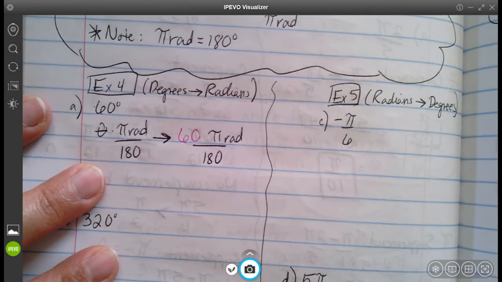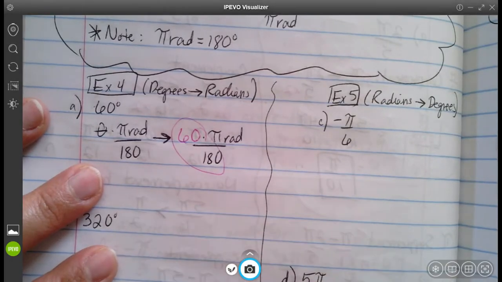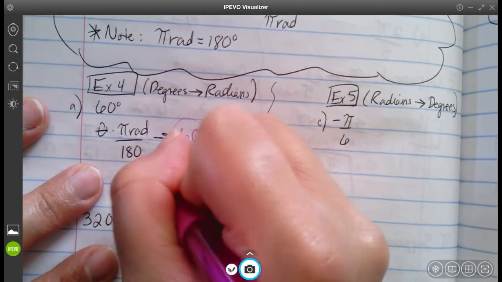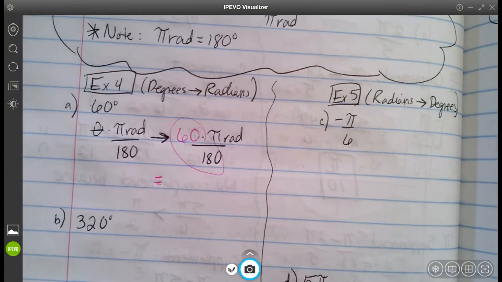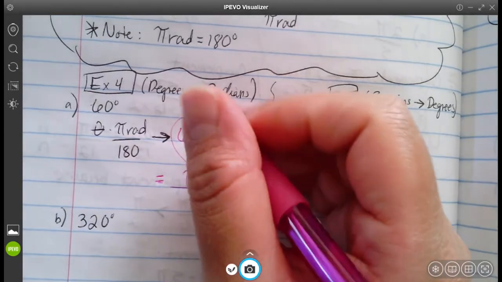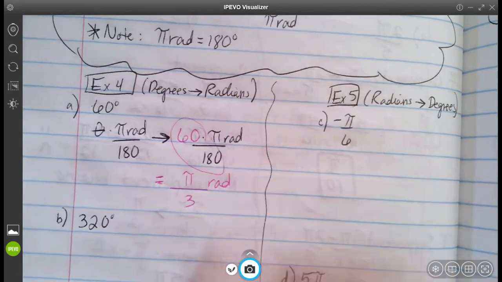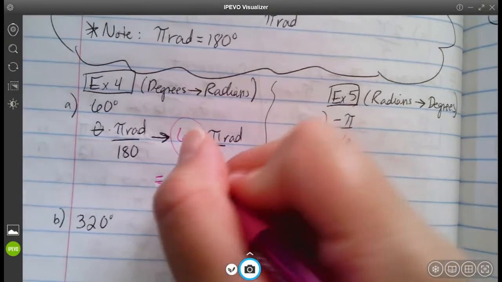Typically we just simplify the numerical part. 60 over 180 reduces by 60, so I have pi over 3. So pi thirds radians.